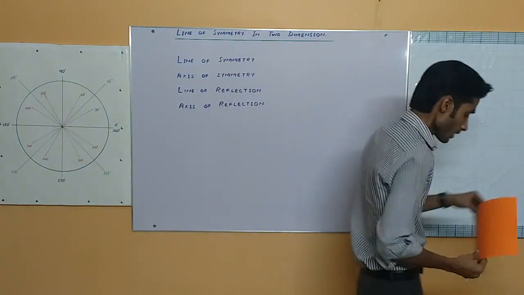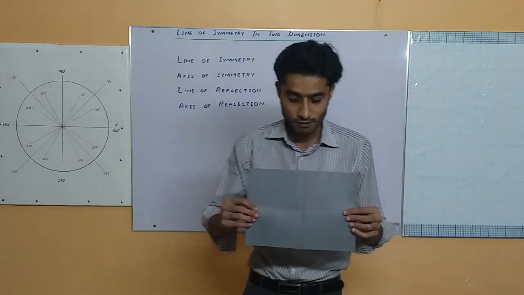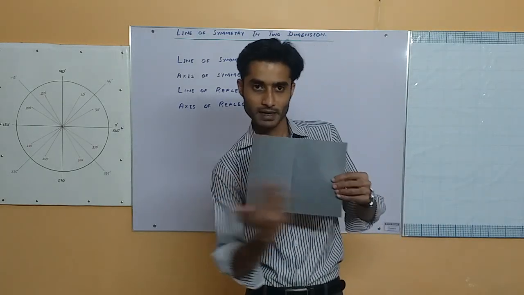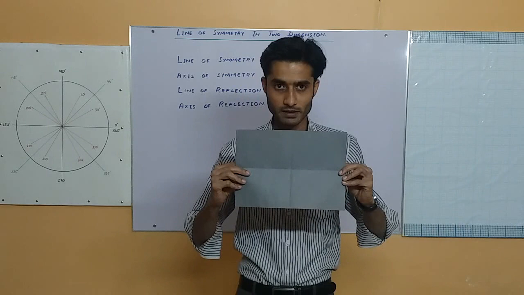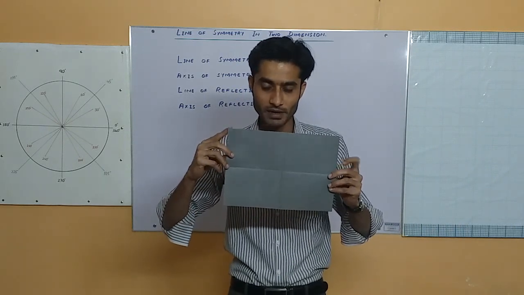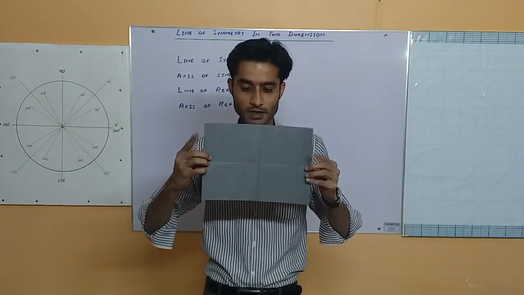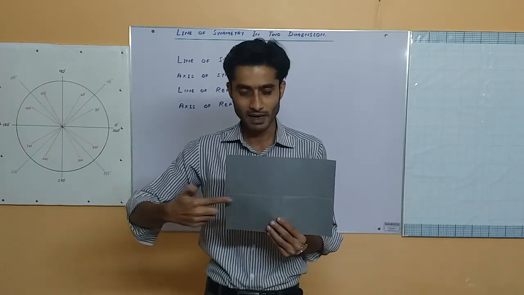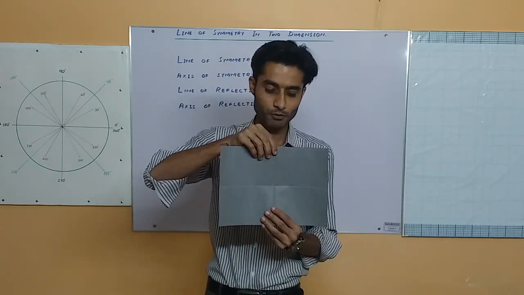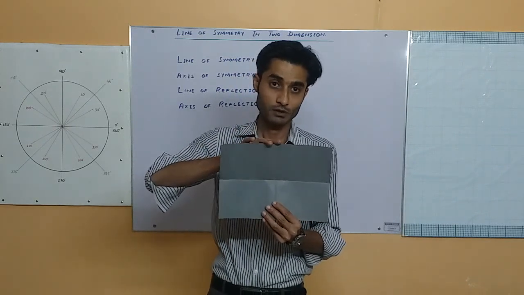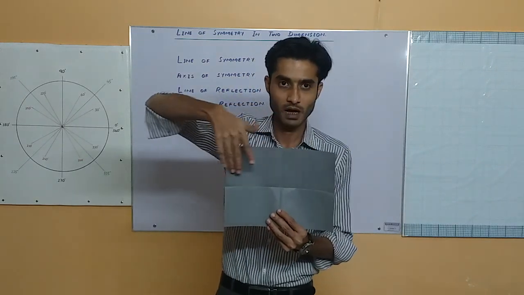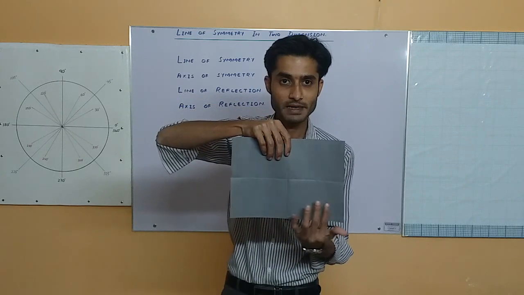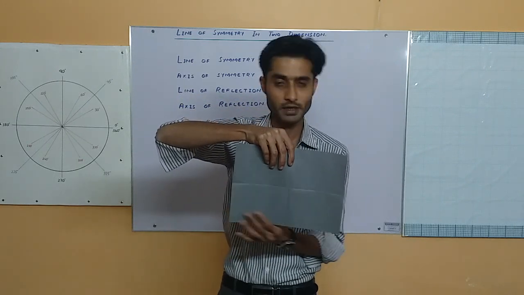In the same way, if I say that I am not folding it like this, I am folding it like this, upward, down. I am bringing the upside downward. So what is the line of symmetry going to be? Line of symmetry is going to be like this, and I am going to fold it like this. Now what should happen? This above half should completely cover the lower half.